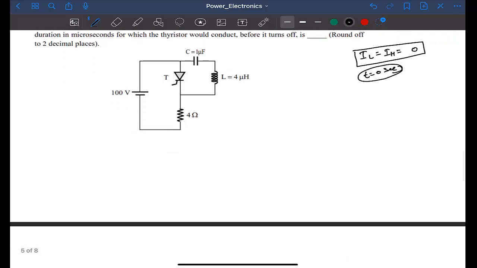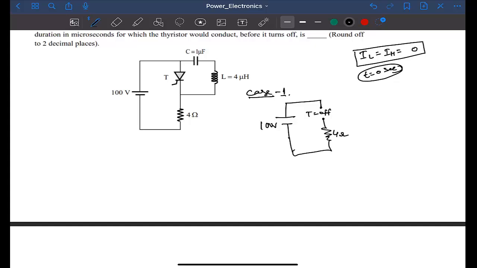Okay. So see what is the situation. When it is case 1, there will be two situations. First is your thyristor T will be off, and this is the capacitor.